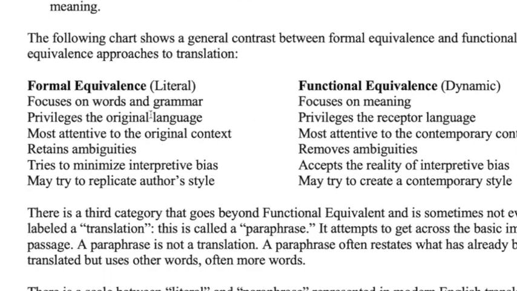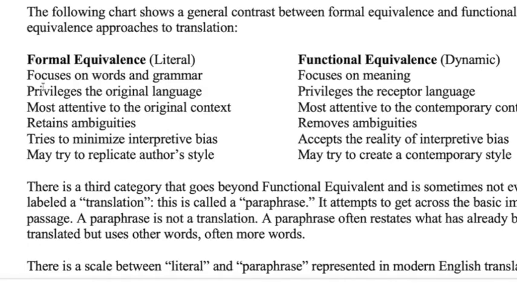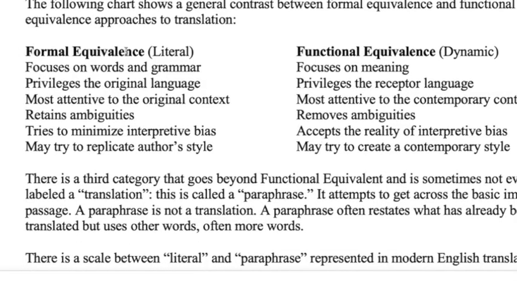So here's a summary of them. A formal equivalent, literal, focuses on the words and the grammar. It privileges the original language. It's most attentive to the original context, what the author said. It retains ambiguities, which means that if it's not clear in the original, it tends to keep it that way.